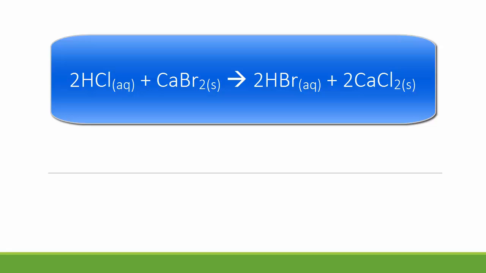It's 2 HCl aqueous and calcium bromide reacts to produce 2 hydrogen bromide with the calcium bromide solid to aqueous.